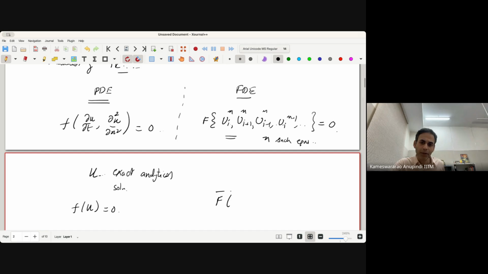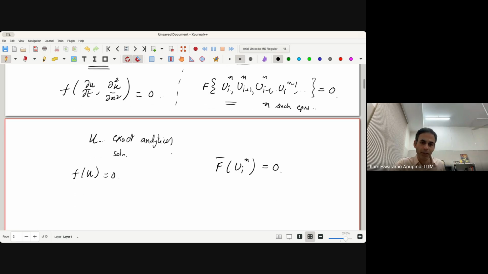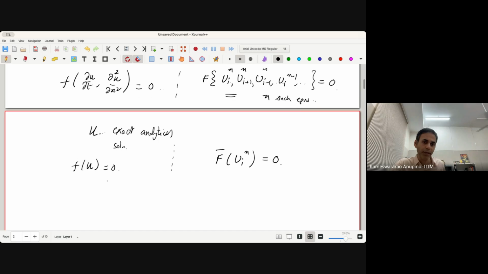Similarly, capital U is going to satisfy the finite difference equation, the algebraic equation. But the exact analytical solution, that is little u, is not going to satisfy the finite difference equation. This is not going to be 0.